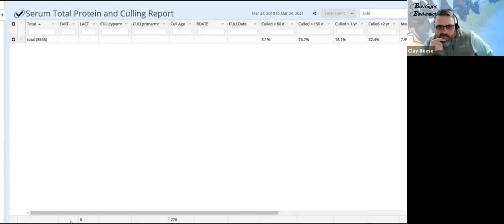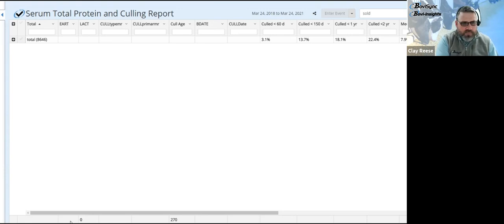So my thinking was, let's do a report where we can look at some of the metrics that we're interested in and relate that back to serum total protein of the calves that is measured within the first 2 weeks of age. So this is what we did here.